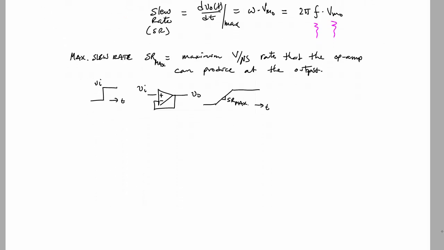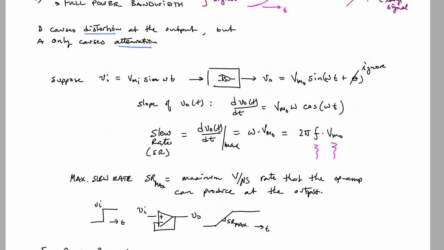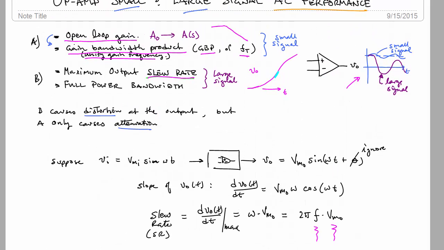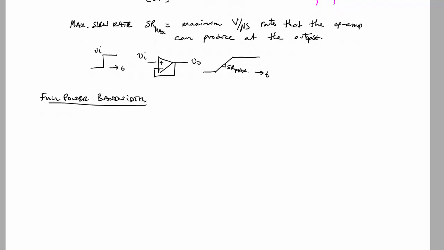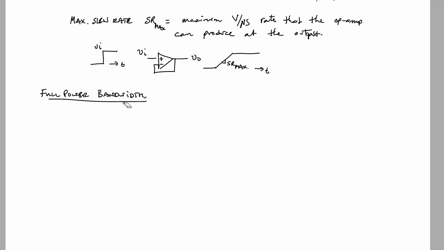Now let's talk about full power bandwidth. Full power bandwidth, we mentioned up here in group B, derives from slew rate. The data sheet for an op-amp may mention full power bandwidth, but it almost always will mention the slew rate.